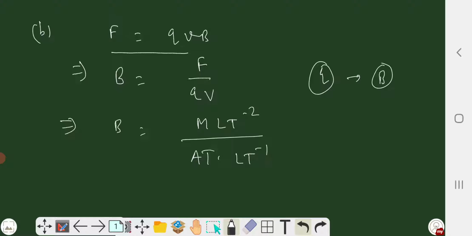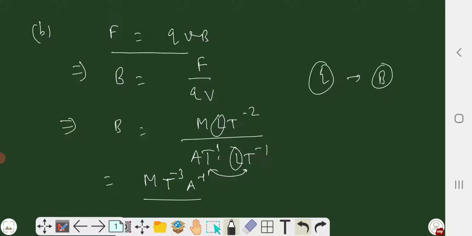So after solving, what will you get, tell me. Here T and T will be cancelled, and L is also cancelled, both L. So what will be remaining? M T minus 2, T minus 3, T to the power 1 will also go up, T minus 3, A minus 1.